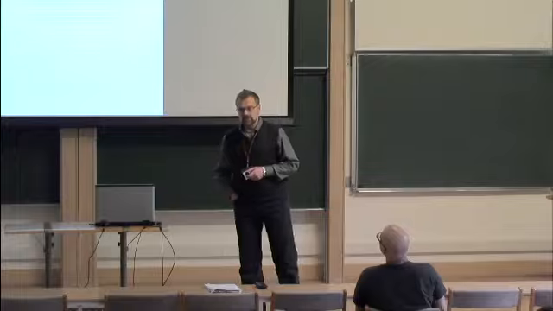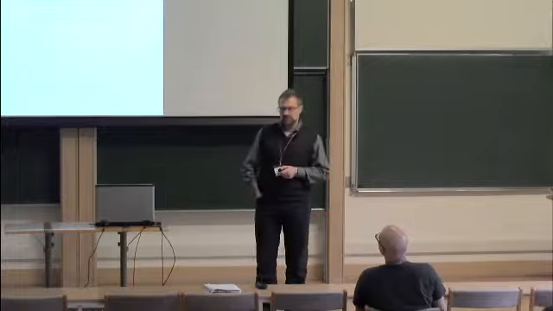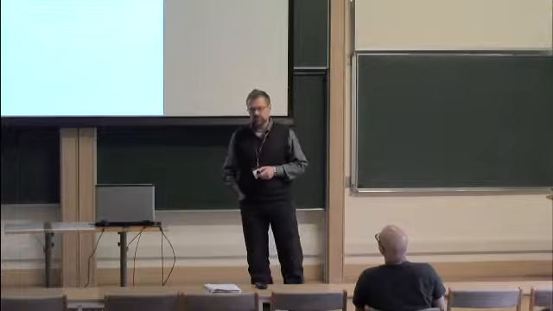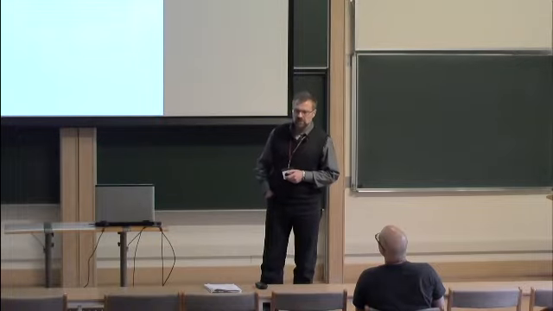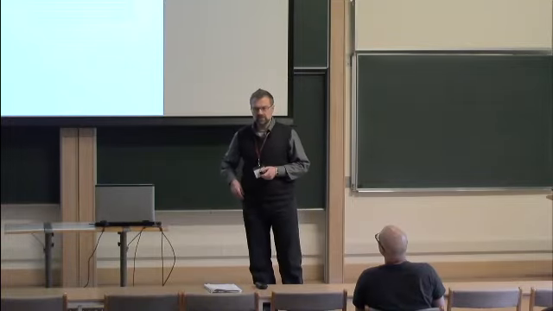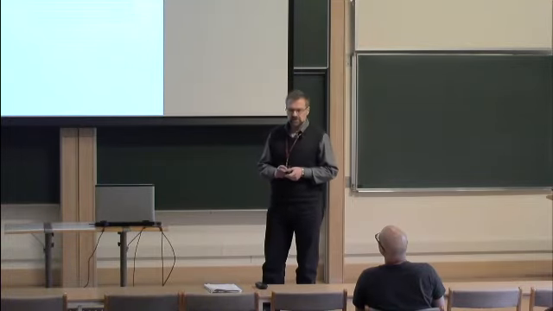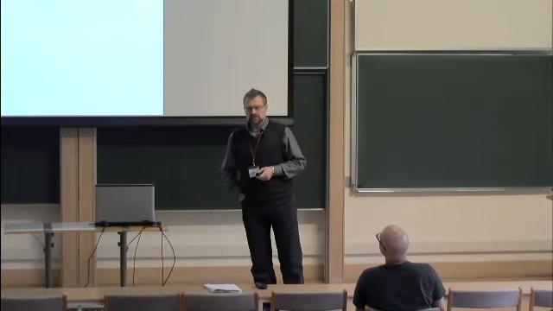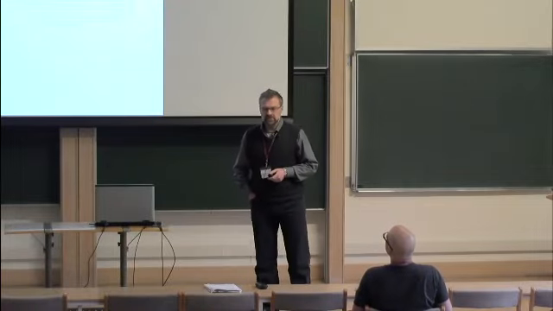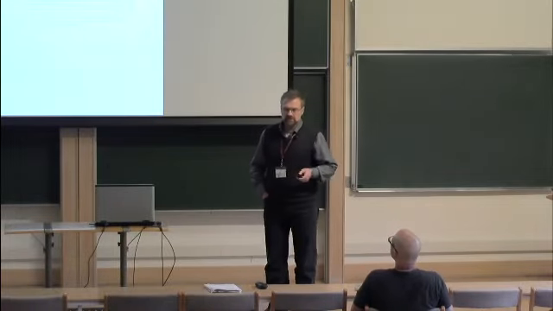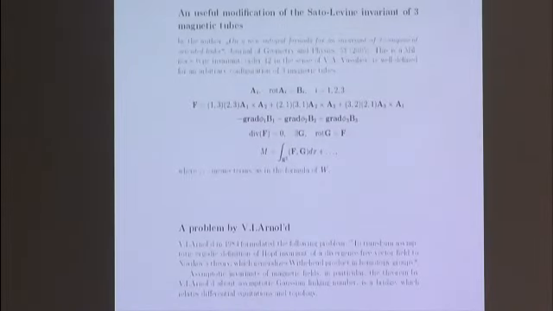Now, what's wrong with the Sato-Levine invariant? Everything is well, but this invariant is only partially defined. So if you assume that the magnetic tubes are linked with linking coefficient 0, there is no reason to do anything else. But this is a very restrictive condition.